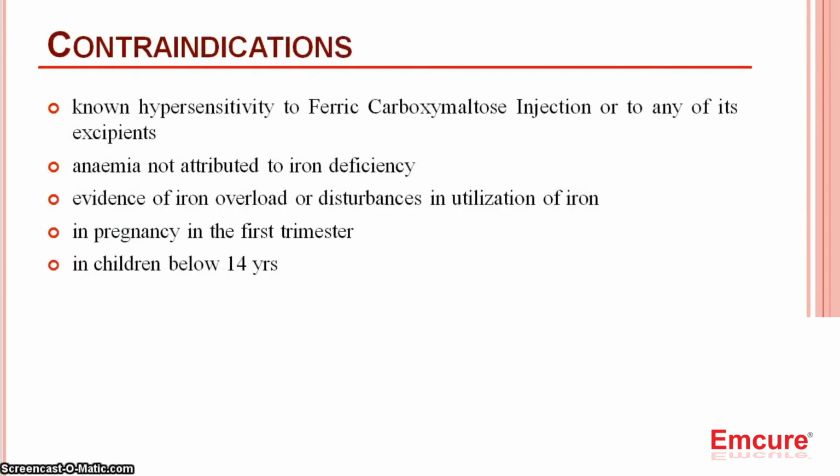What are the contraindications? As we know the indications, we should have a fair bit of knowledge about the contraindications. Known hypersensitivity to ferric carboxymaltose injection or to any of its excipients. Second, anemia not attributed to iron deficiency. Then evidence of iron overload or disturbances in utilization of iron, pregnancy in the first trimester, and children below 14 years.